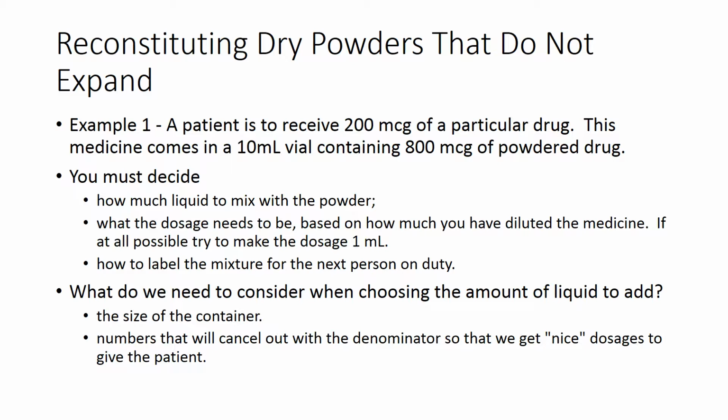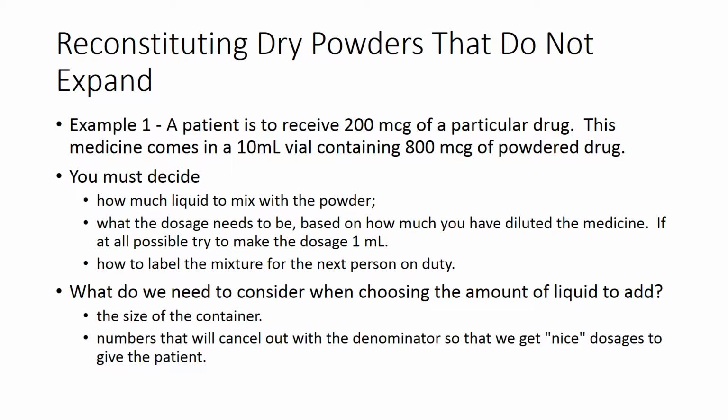The medicine that comes in a 10 milliliter vial contains 800 micrograms of the powdered drug, so obviously more than what is needed. You have to decide how much liquid to mix with the powder in order to get the appropriate amount. What dosage you give is based on how much you've diluted the medicine. If at all possible, we try in this class to get the dosage value to 1 milliliter. And then how to label the mixture for the next person on duty.